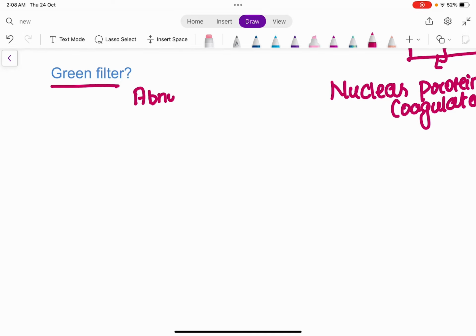Any abnormal blood vessels present in the cervix, you can visualize with the help of the green filter in the colposcope instrument, and you can take the biopsy from these abnormal blood vessels, right?